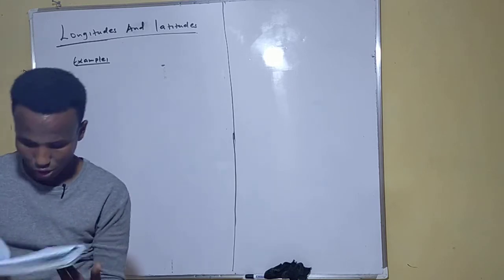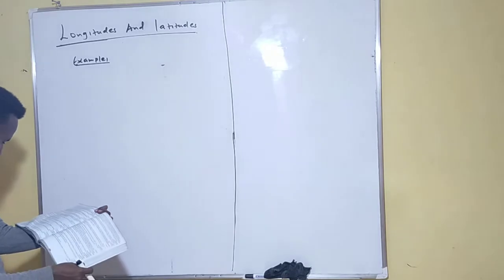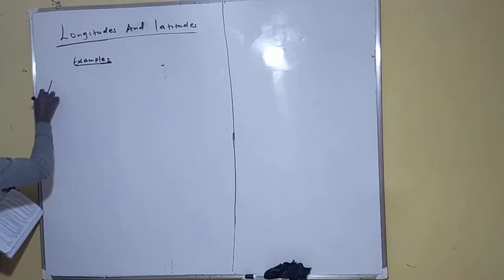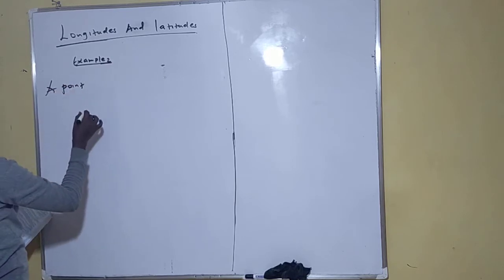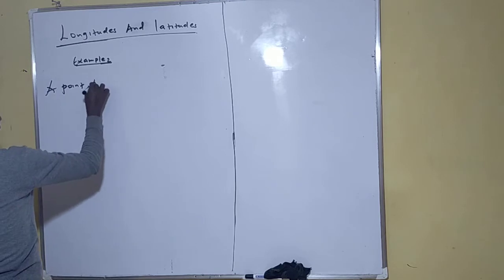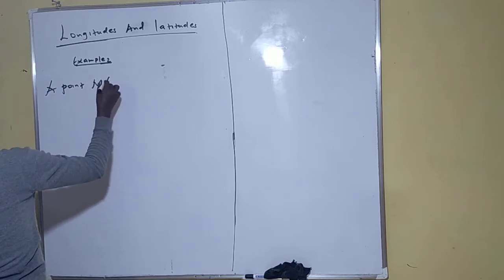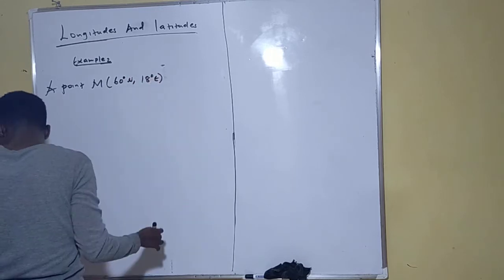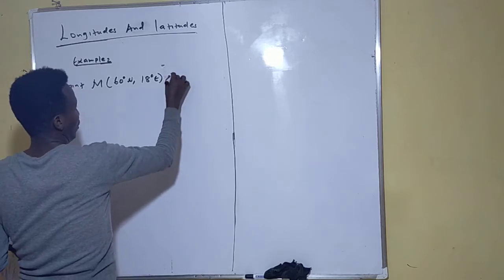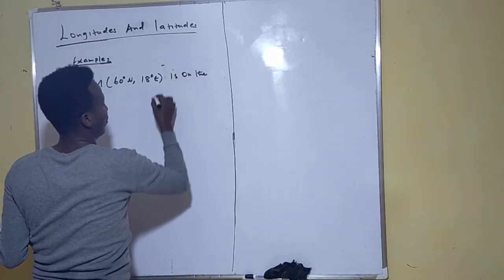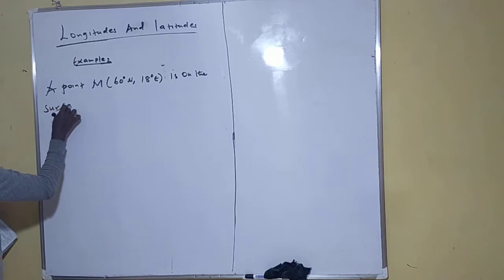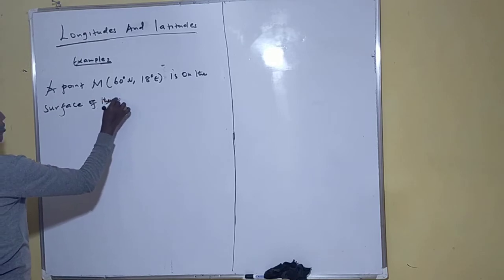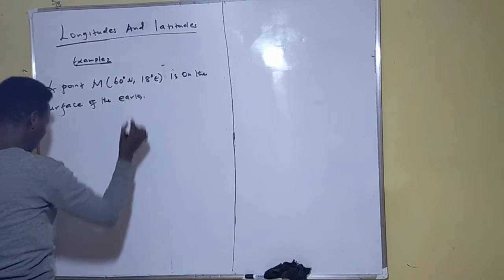But let me write for you first so you understand better. Example 2, don't forget. A point M, which is 60 degree north, 18 degree east, is on the surface of the earth. Full stop.